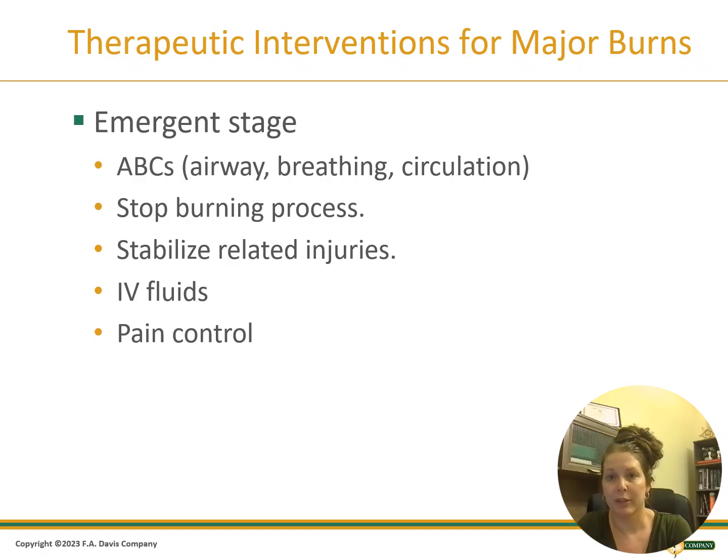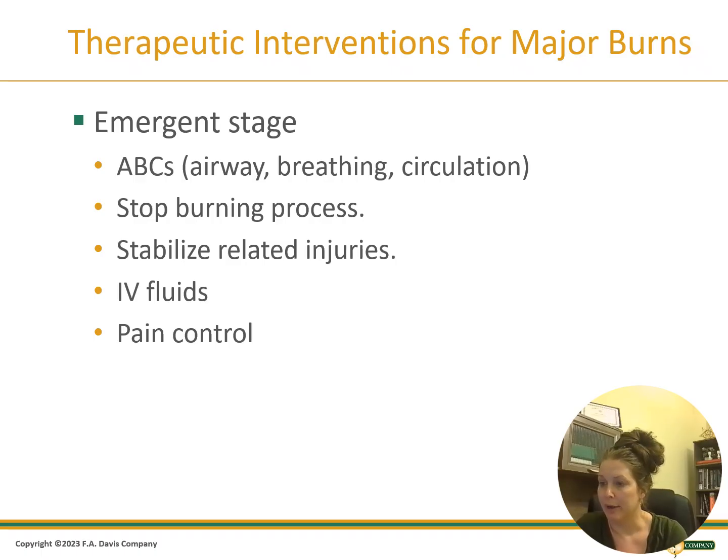Okay, so therapeutic interventions for our major burns, going back to our like disaster type stuff. So in our primary or emergent stage, we're going to assess our ABCs, okay, looking for an open airway. What is their breathing looking like? Okay, assessing their circulation.